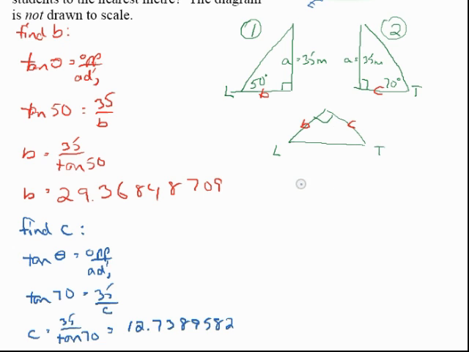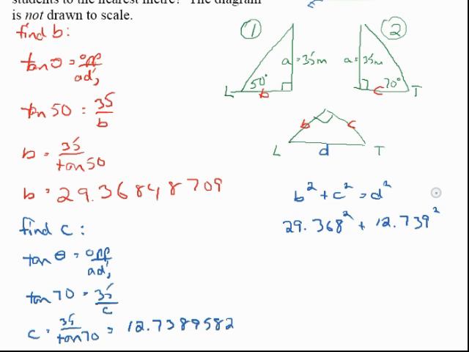And so we've got B and C, so we can find this. Let's call it D for distance. So Pythagoras tells us that B squared plus C squared equals D squared. B, I'm going to just write in 29.368 squared plus 12.739 squared.